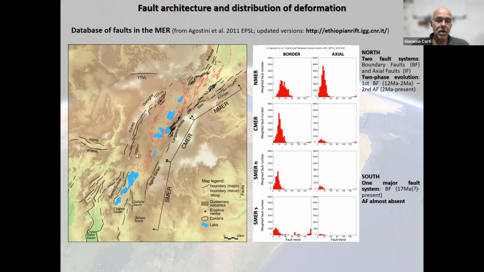Whereas in the south, we have a single major system of faults, the large boundary faults, and we have almost absent axial faults. So we still have the largest part of the deformation accommodated at the rift margin. So we have a clear along-axis transition from two-phase rifting to single-phase rifting in the southern part of the rift.